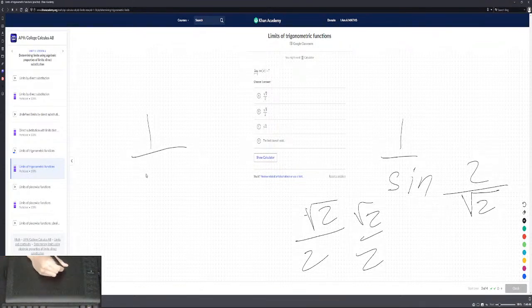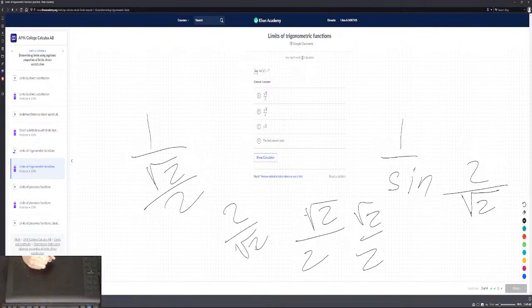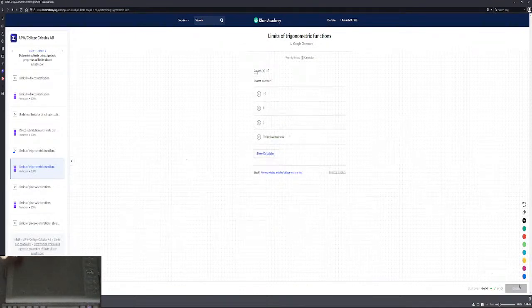Wait, no, it would be, yeah, it would end up being that. Let me explain why first. And I just multiply the top and bottom. This is a mistake I made last time. Then it would be 2 square root 2 over 2. Cross out the 2's. You get this.